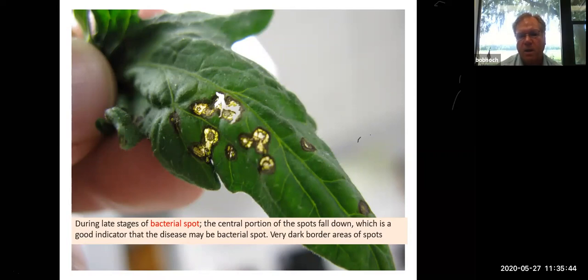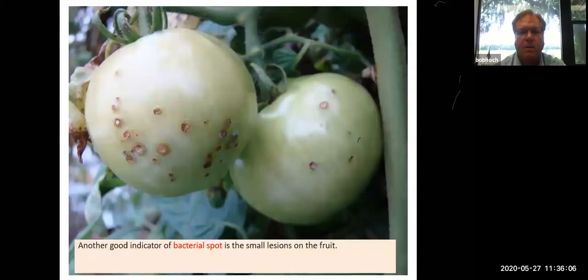So the center has been consumed basically by the bacteria into a clear area, and where it's currently migrating is on the perimeter of that spot, and it tends to be dark. And when the bacteria is really active, it looks wet. So those are a couple of key characteristics that I would hone in on for bacterial spot.